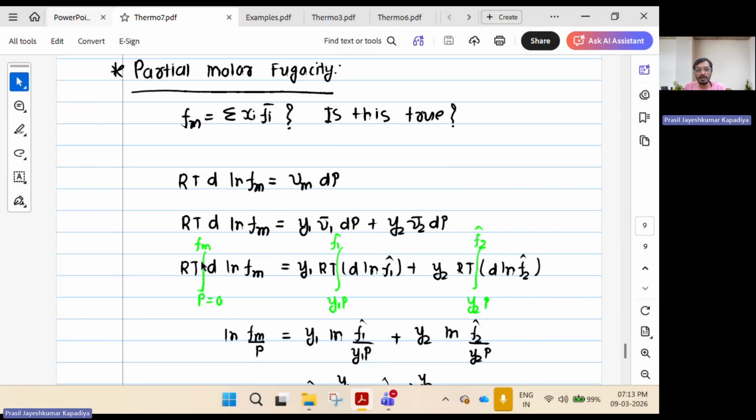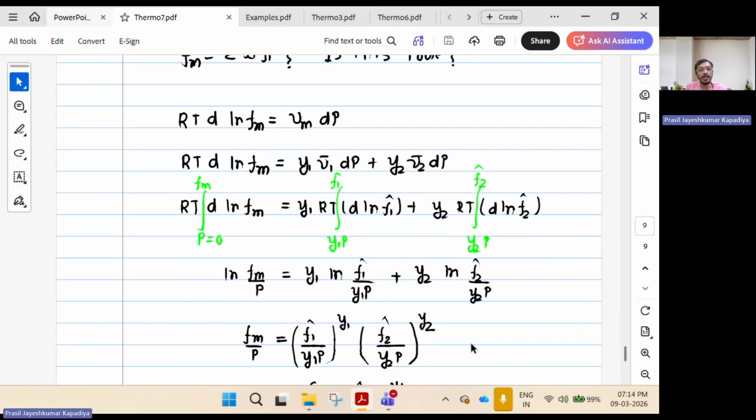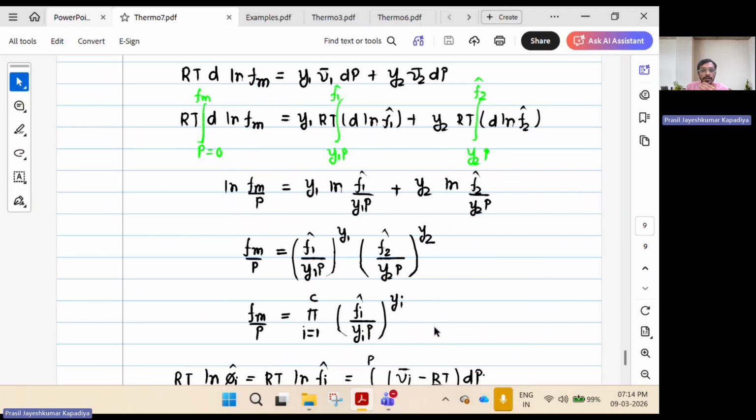RT will cancel out from both sides. So we are left with ln fm by P is equal to y1 into ln of, as if it behaves pure, the partial pressure of component 1, that is y1 into P, to f1 cap. So y1 into ln f1 cap by y1P plus y2 into ln f2 cap by y2P. So we get that fm by P is equal to f1 cap by y1P raised to y1, times f2 cap by y2P raised to y2.